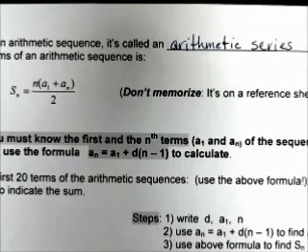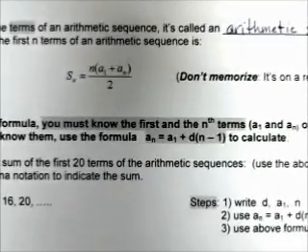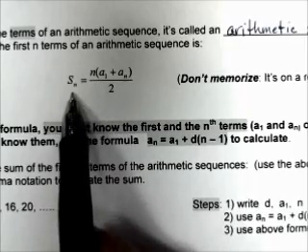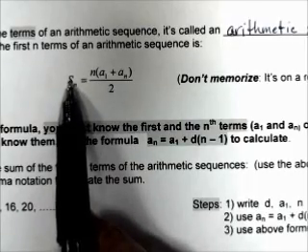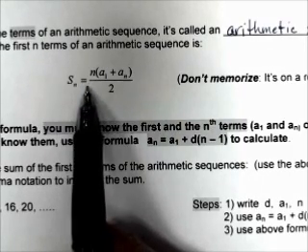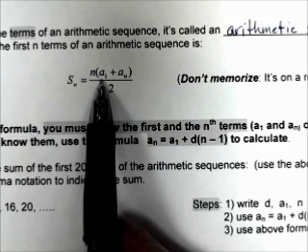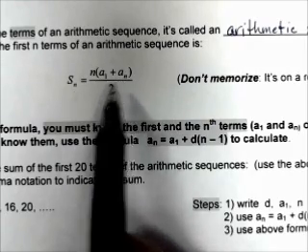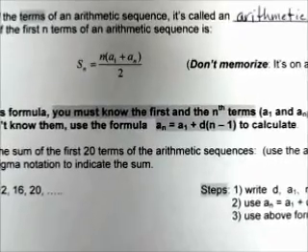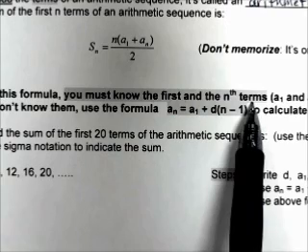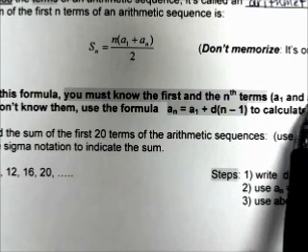The sum of the first n terms of an arithmetic sequence is, this formula is given to you, you don't have to memorize it, capital S for sum, subscript n, the sum of the first n terms, is equal to n times, parentheses, a sub 1, the first term, plus a sub n, the nth term, divided by 2. To use this formula, you must know the first and the nth terms, a1 and an, of the sequence.